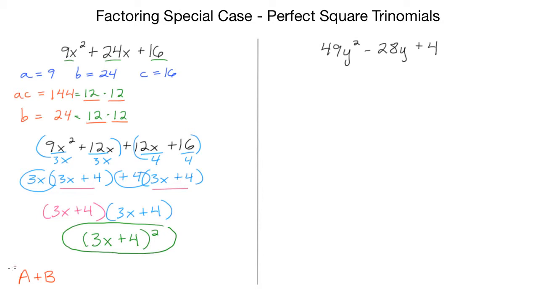If you have a plus b, where a and b can be whatever terms, in this case a is 3x and b is 4, and I square my binomial, it's always going to fit this pattern of a squared plus 2 times ab plus b squared. We see this pattern here because a is 3x and b is 4.